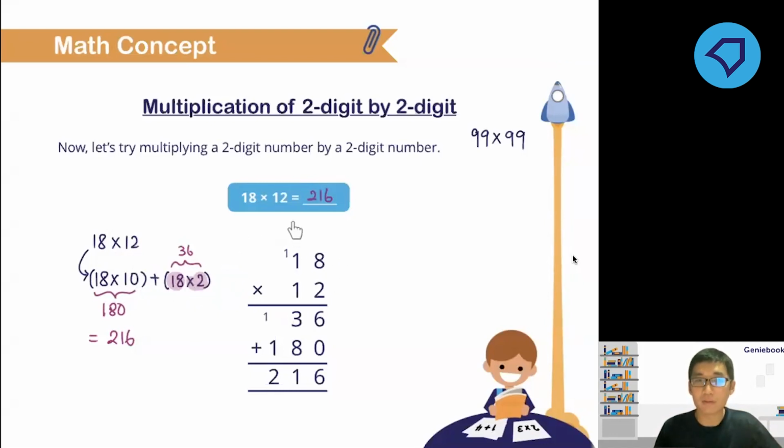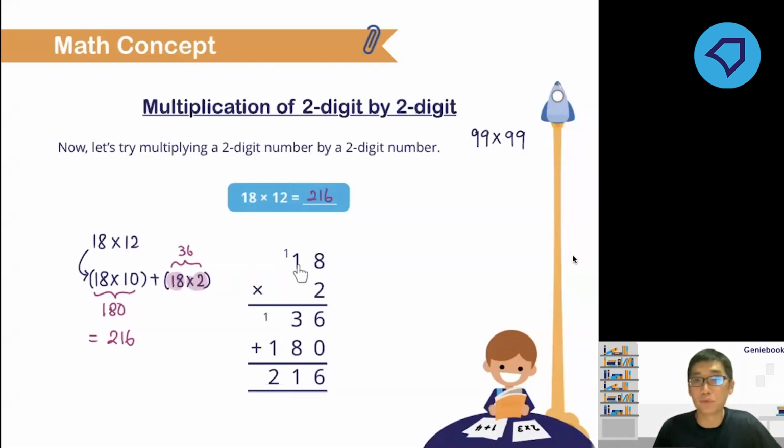Now if I were to perform the multiplication in this manner, what I can start off with first is this. Let me simplify it for you by covering this number. I perform as per usual my multiplication of 18 by 2, which is this part.